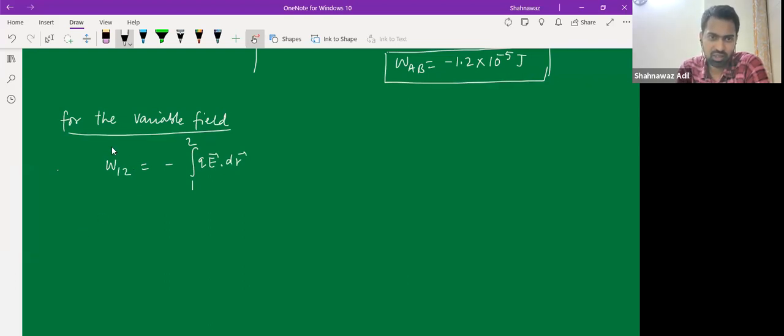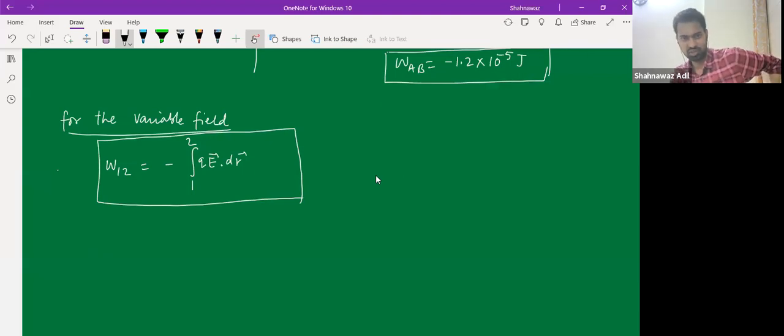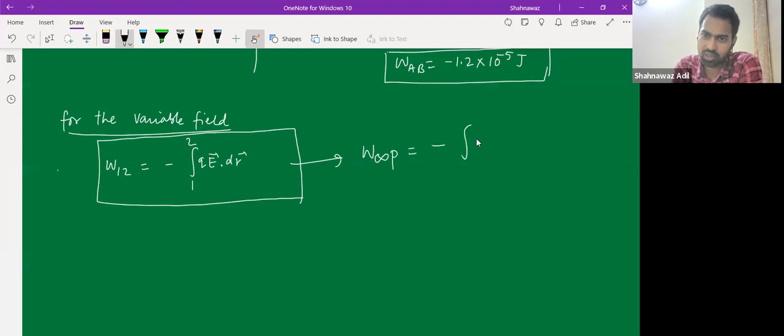So this is from infinity to point P. You guys already know this, that if we are calculating the work done in bringing a charge from infinity to point P, this would be QE dot dr, right?